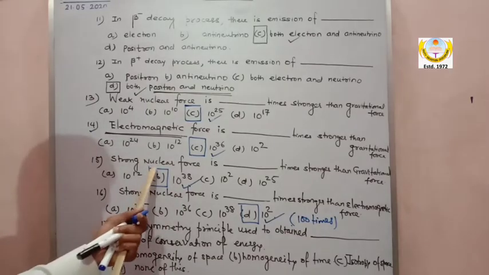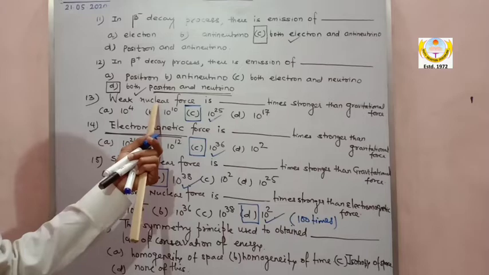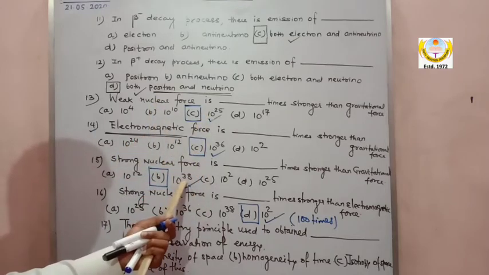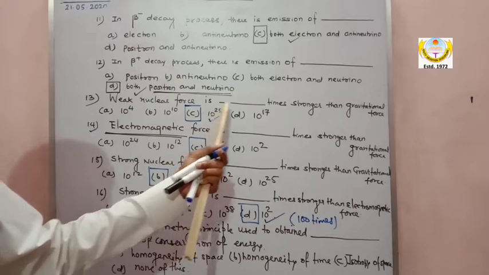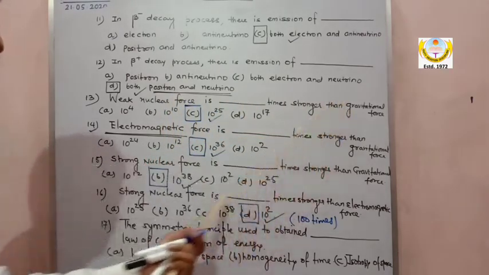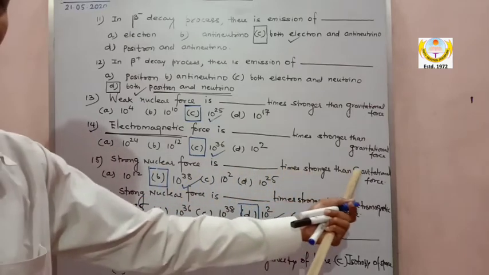And the strong nuclear force is stronger than the weak nuclear force by 10 power 13 times. You can see here it is 10 power 38 and here it is 10 power 25, my dear. The weak nuclear force is 10 power 25 times the gravitational force, and the strong nuclear force is 10 power 38 times stronger than the gravitational force.